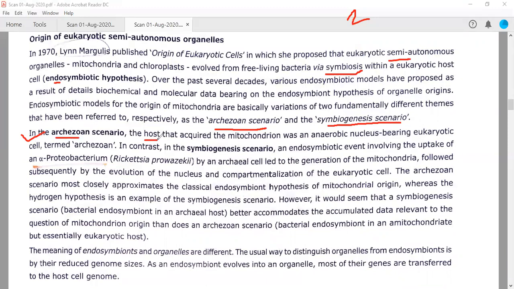So suppose the archaea is the host and the eubacteria is the organelle, the mitochondrial chloroplast, going inside the archaeal cell. This type of model is called the Archezoan scenario. This is not the preferred one. This is not very popular, but the second one, the symbiogenesis scenario, is popular these days. I will tell you the reason.